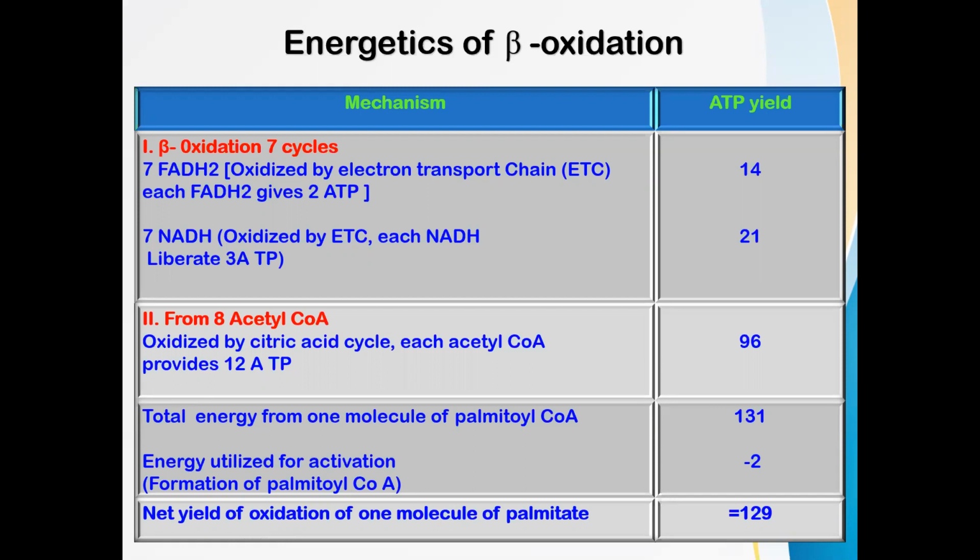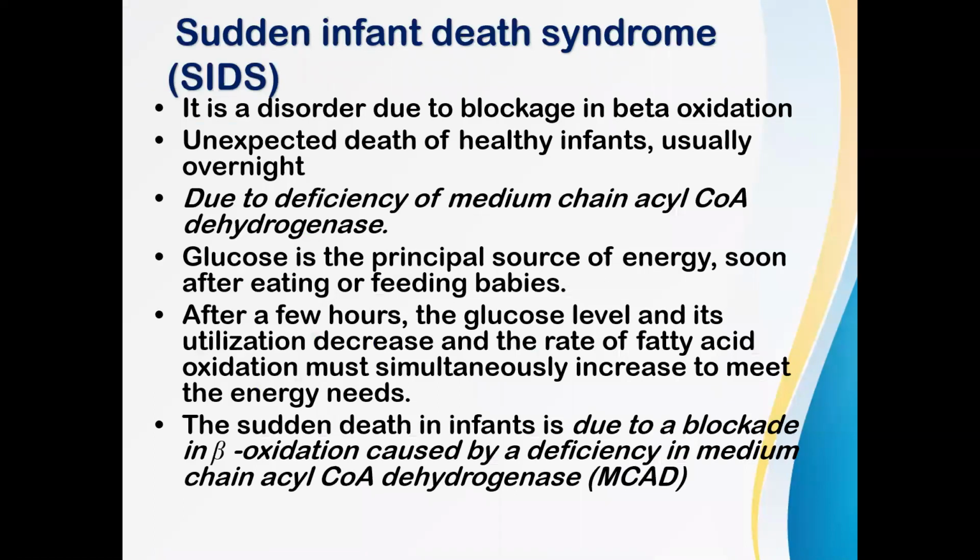After these 4 reactions, you have to take the example of palmitic acid and explain the energetics like this, and finally show that there will be a yield of 129 ATP molecules by the complete oxidation of 1 molecule of palmitic acid by beta oxidation. And you all know that this palmitic acid is a 16 carbon atom fatty acid and it is a saturated fatty acid.